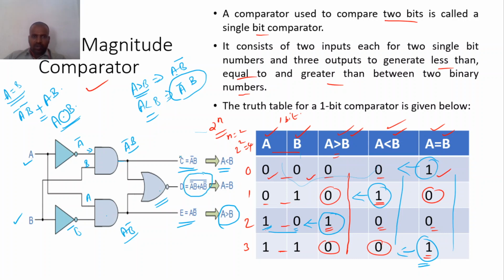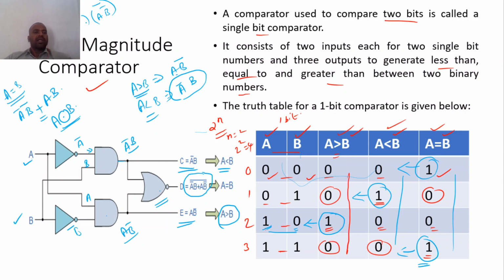Okay, so now let me explain this. That is a bar b plus a b bar. When we take De Morgan's theorem here, it becomes a bar b whole bar dot a b bar whole bar.